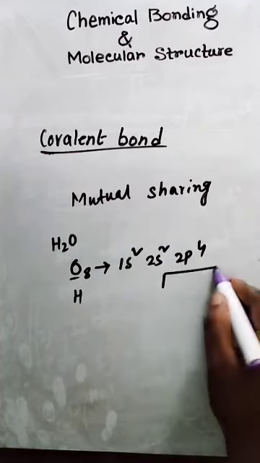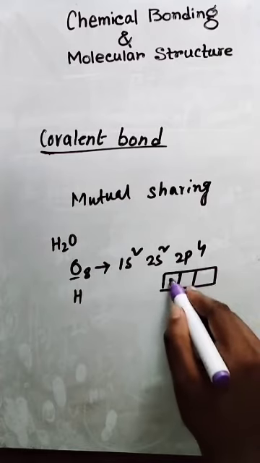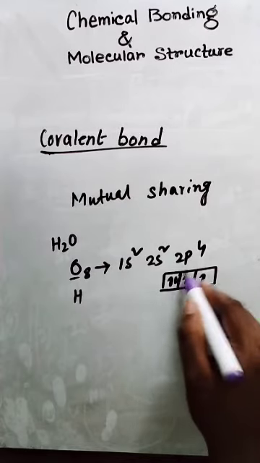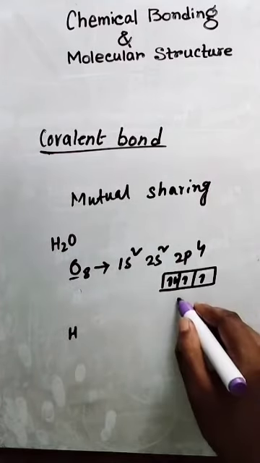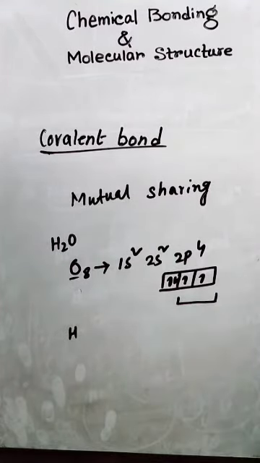That means there are 6 electrons in its valence shell, but oxygen requires 2 more electrons to gain an octet electronic configuration, similar to neon, which has 10 electrons and 8 electrons in its valence shell.